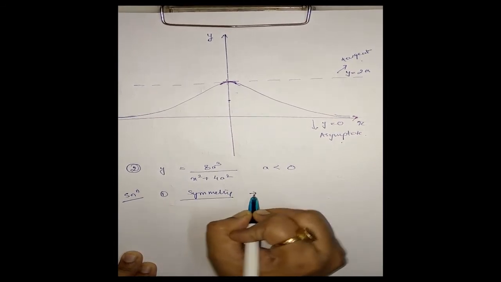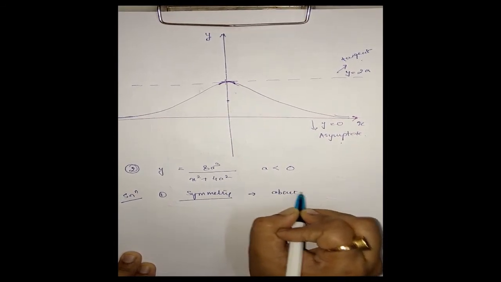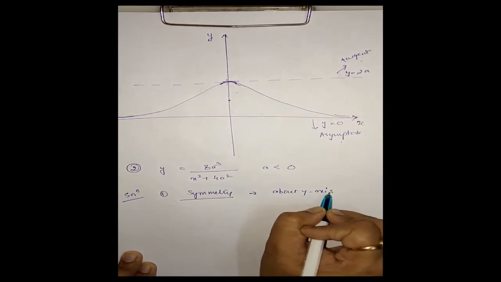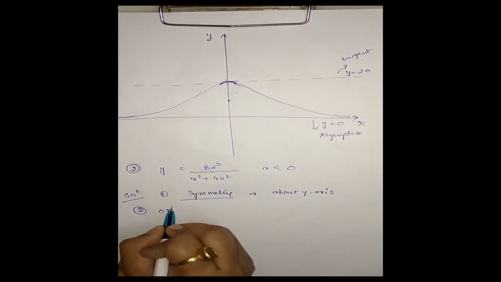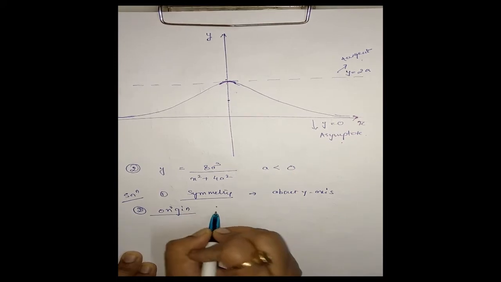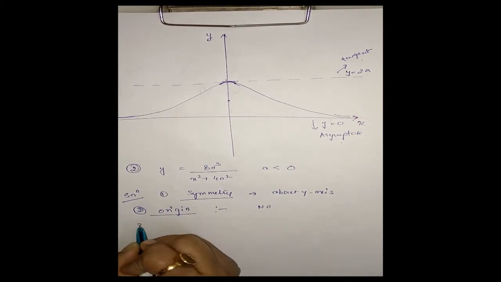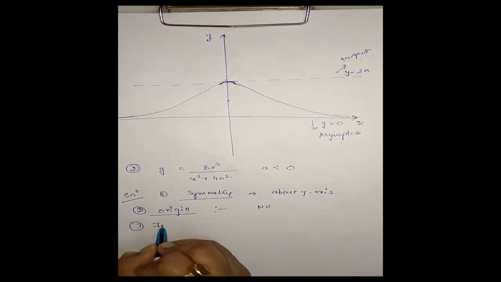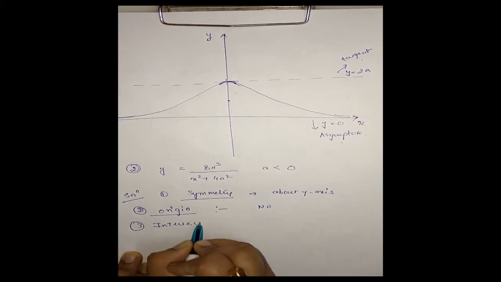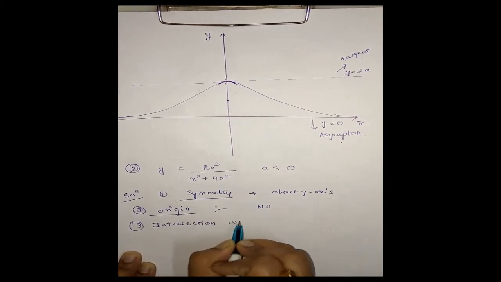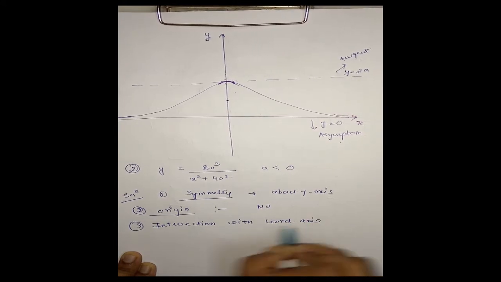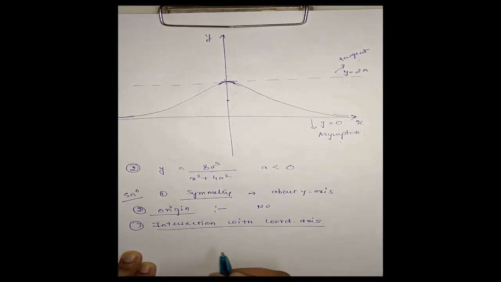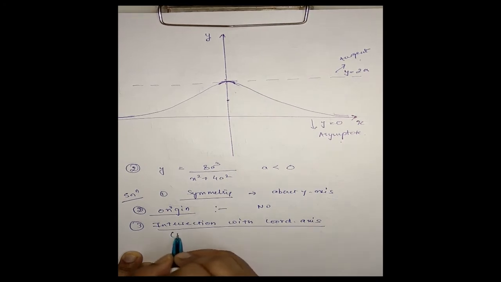Symmetric with respect to the y-axis, as done before in the previous example. It does not pass through the origin. Third, intersection with coordinate axis, that we have already found. It intersects the coordinate axis only at the point (0, 2a).